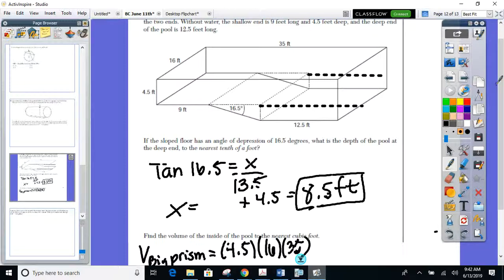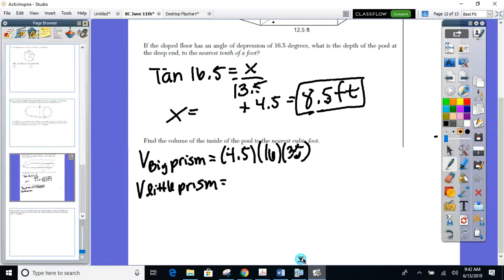About 4, I'll just use 4. Everyone good here? This rectangular prism right here, I'm finding the volume. 12.5 by 16 by 4.